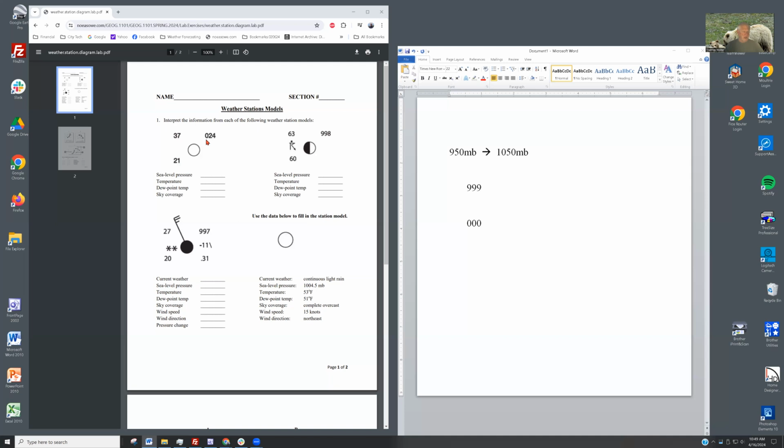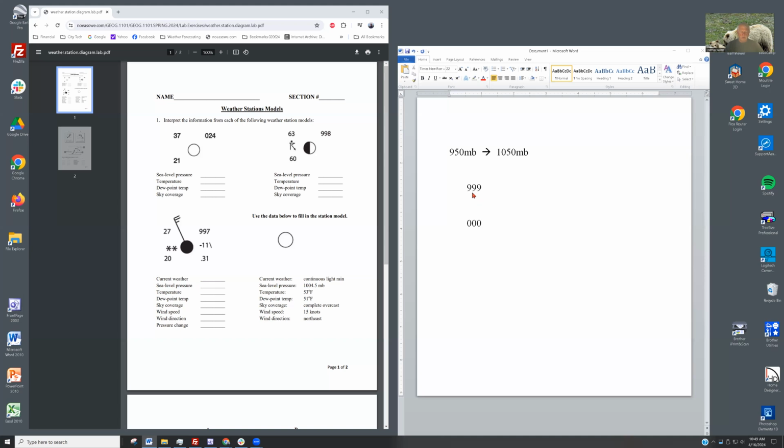So let's look at pressure. How do you interpret pressure? 95% of all Earth barometric pressures ever recorded have been found to be between 950 millibars and 1050 millibars.